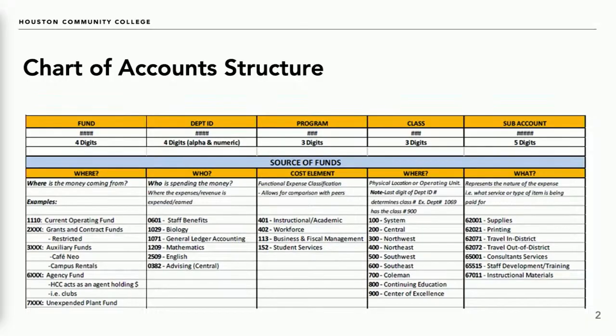The next part, the cost element, is, if it's an expense, what that expense is for. The class, again, indicates the where that activity is taking place. And then the what is more specific relative to the nature of the expense. And then we have some examples of commonly used numbers beneath to show you. Dawn, any other comments you want to make?